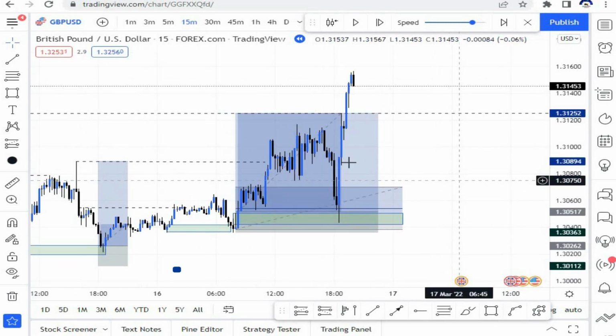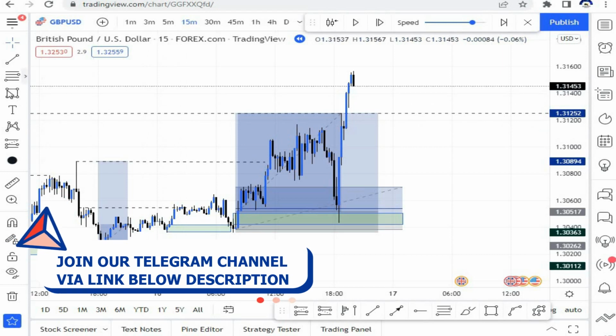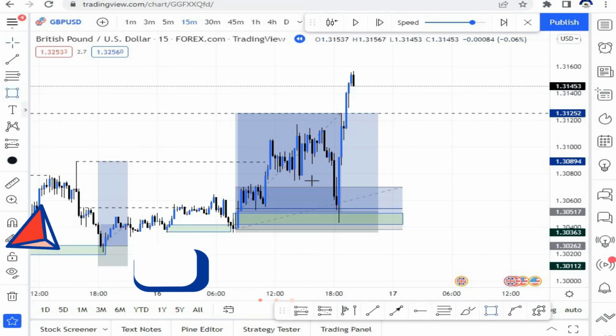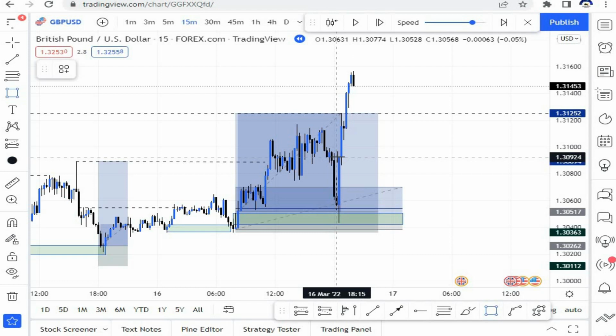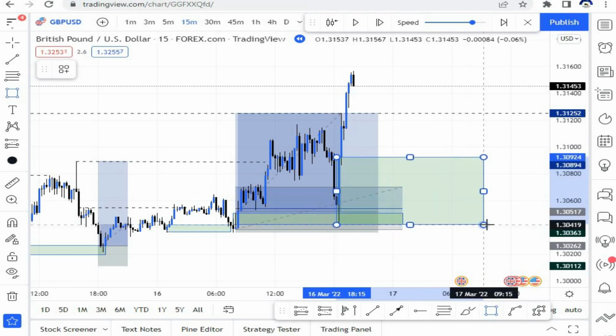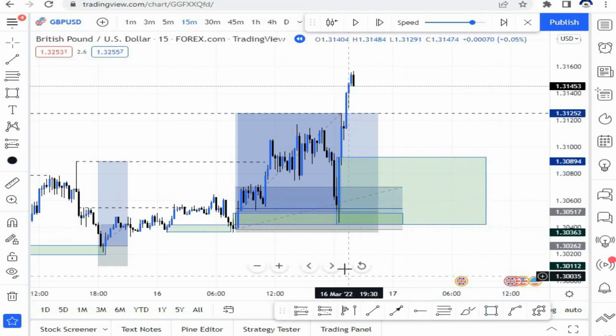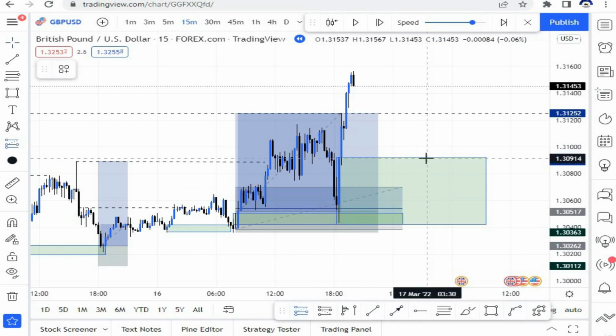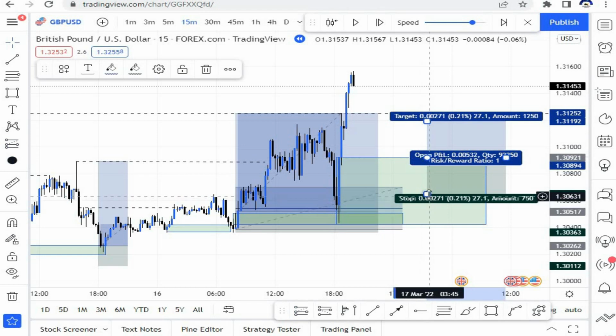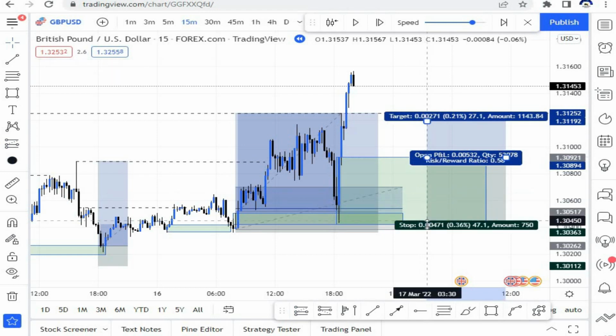Now they've even taken out the supply, meaning this was going to be our last opposite candlestick. That's where the price decided to go up. So what you do, if you're able to risk such here, let's see how many pips that is.